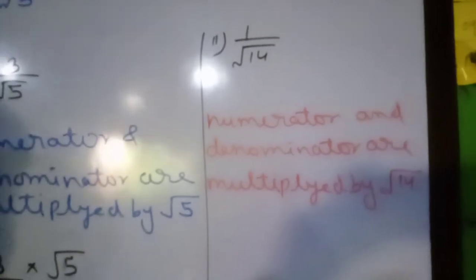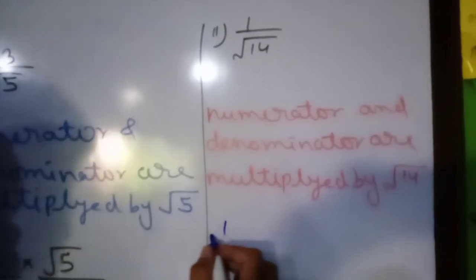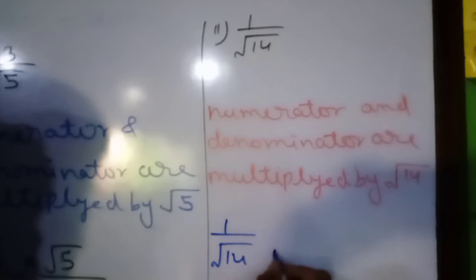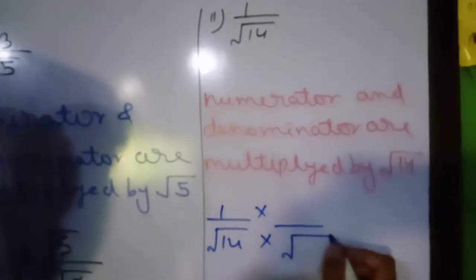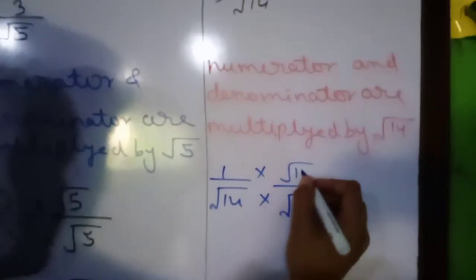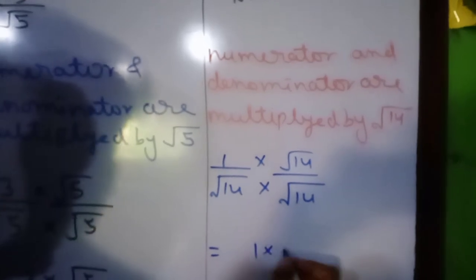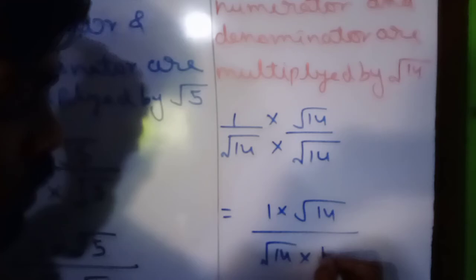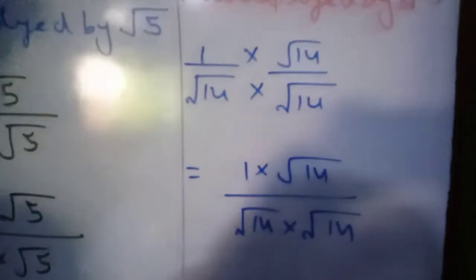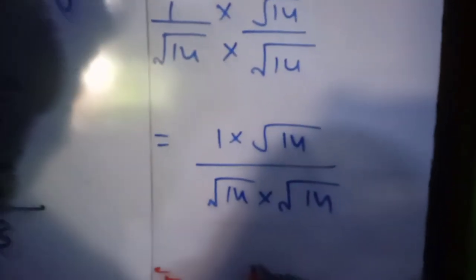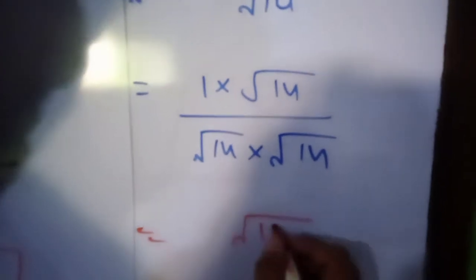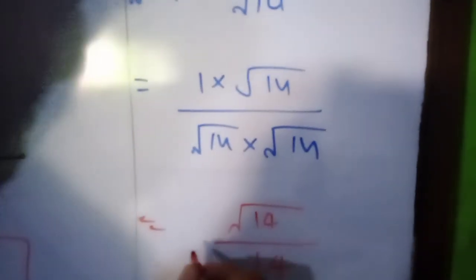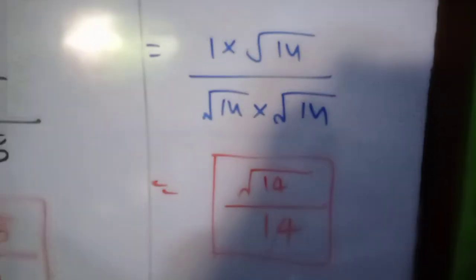So both are multiplied by root 14. 1 upon root 14, numerator as well as denominator multiplied with the root 14. It will become 1 into root 14, root 14 into root 14. Yes, so root 14 upon 14. This is the answer.